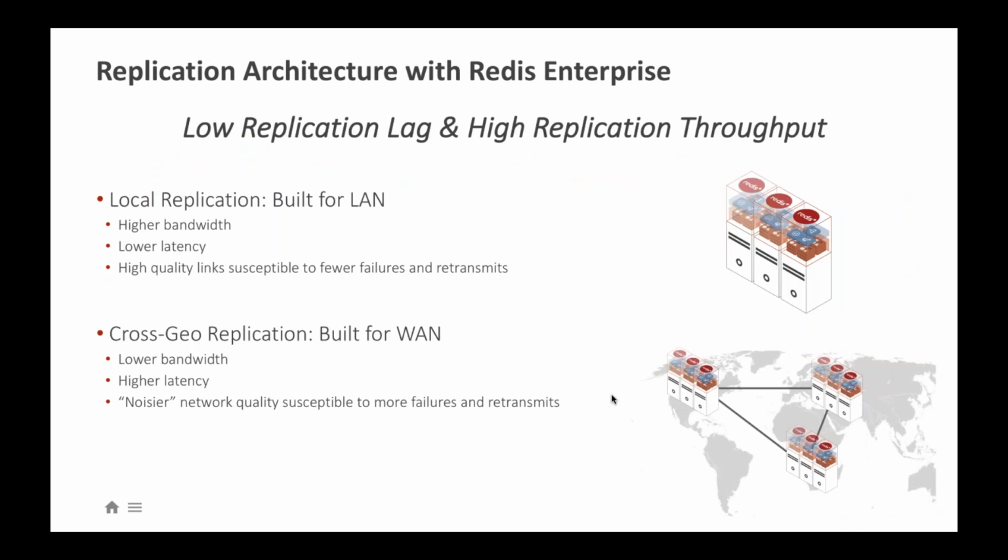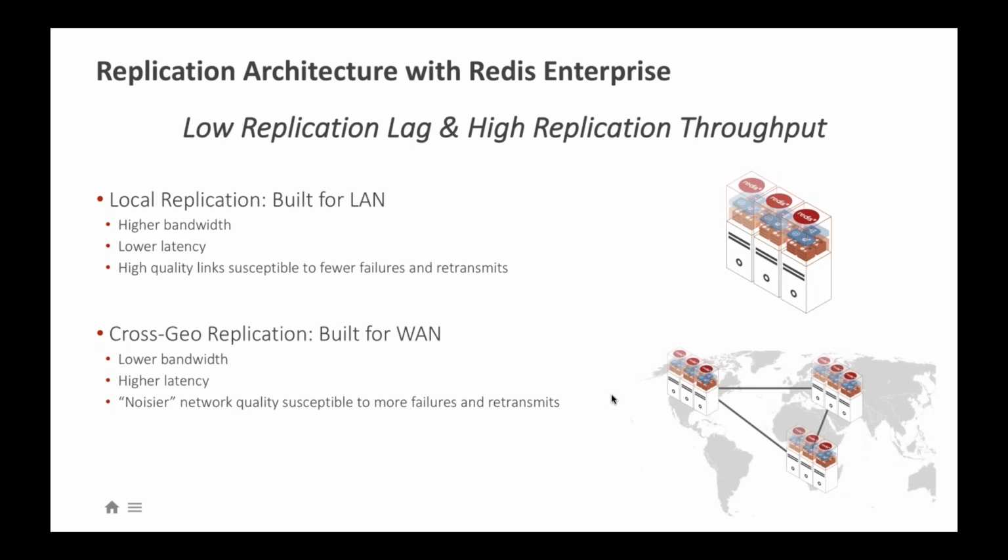One of the more fundamental things to the topic today is the replication architecture. So I just want to spend a few minutes on this. Redis's replication in Redis Enterprise is built on and tuned for these two specific environments. We have local replication that's built for the local area network.